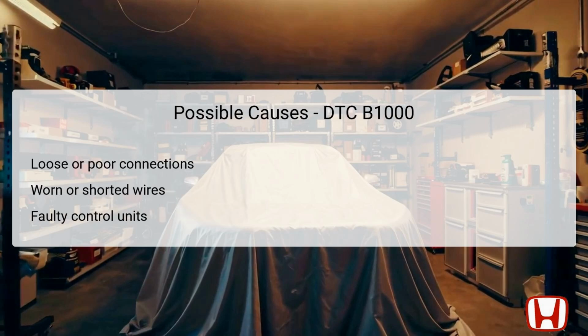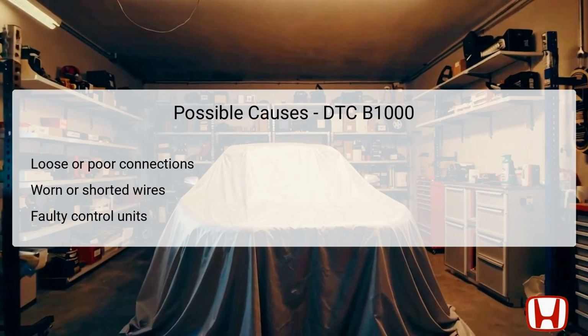The possible causes for DTC B1000 are multifaceted. Firstly, loose or poor connections can disrupt the electrical signals traveling through the communication bus, leading to communication errors between control units. Secondly, wires that are worn or shorted may also create faulty connections, causing intermittent or complete failures in communication.